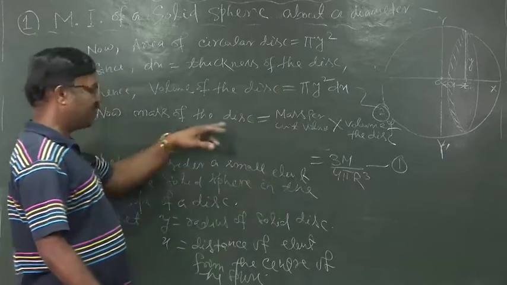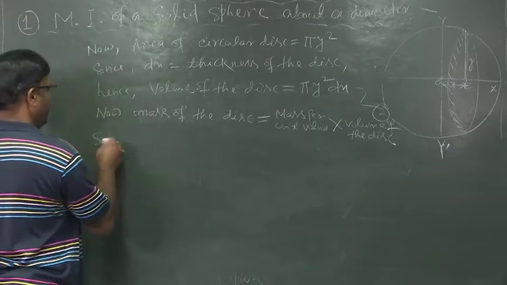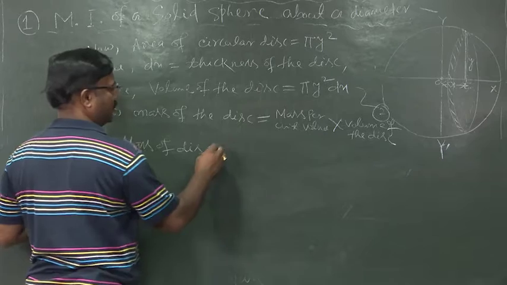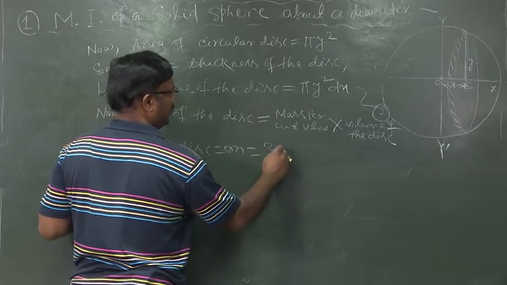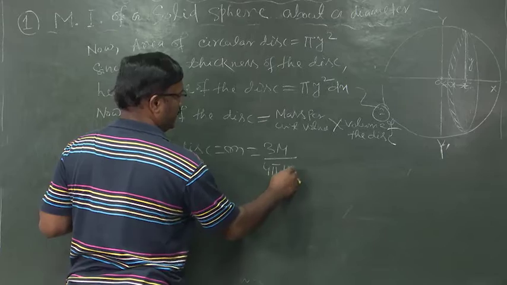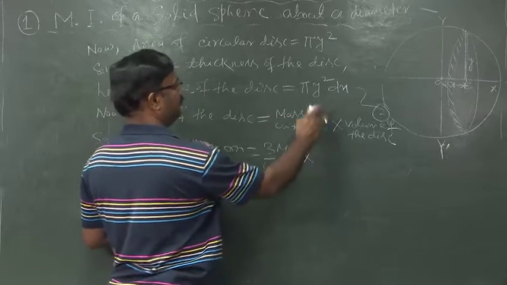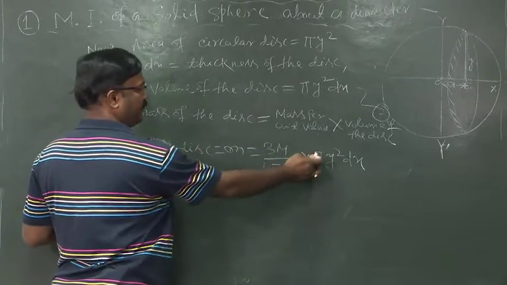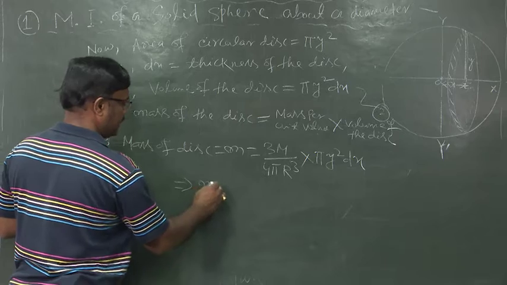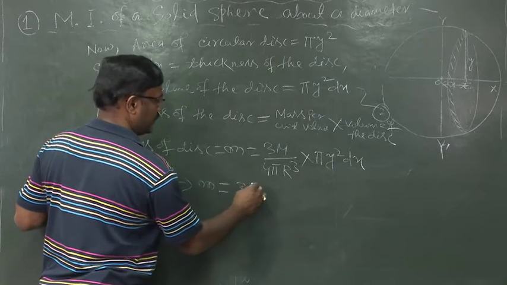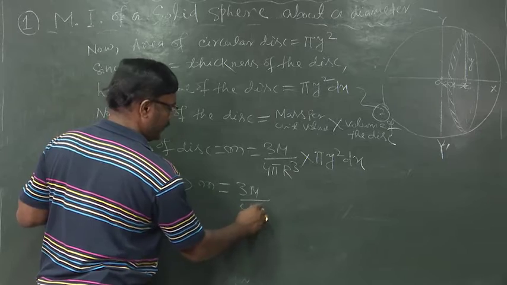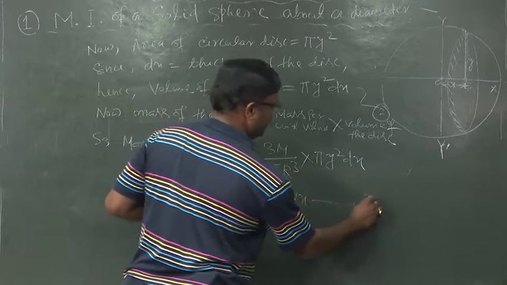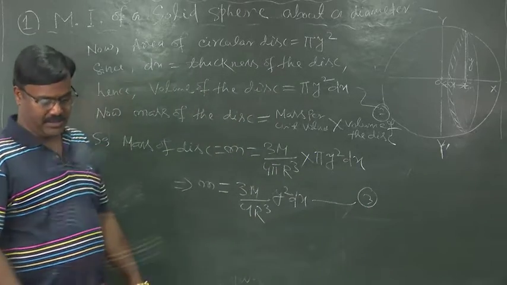So the mass of the disc, dm, is equal to 3m by 4 pi r cube into pi y square dx. Here pi gets cancelled, which implies dm is equal to 3m by 4 r cube into y square dx. Let it be equation 3.